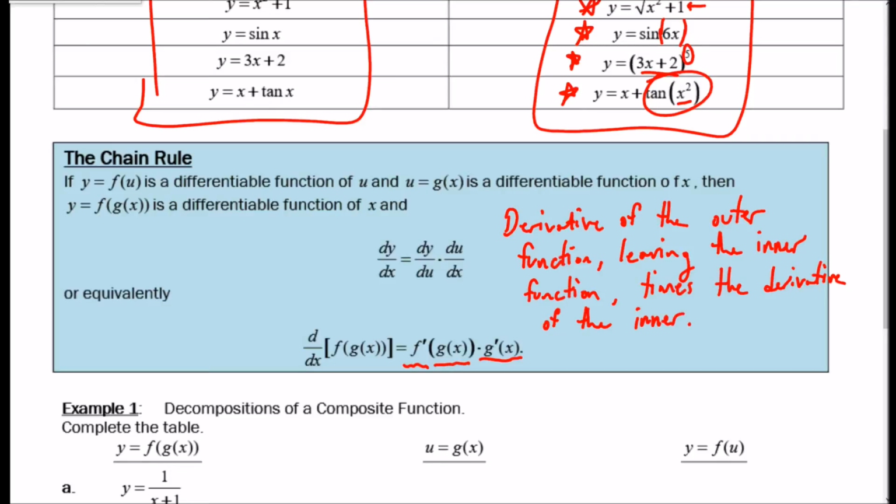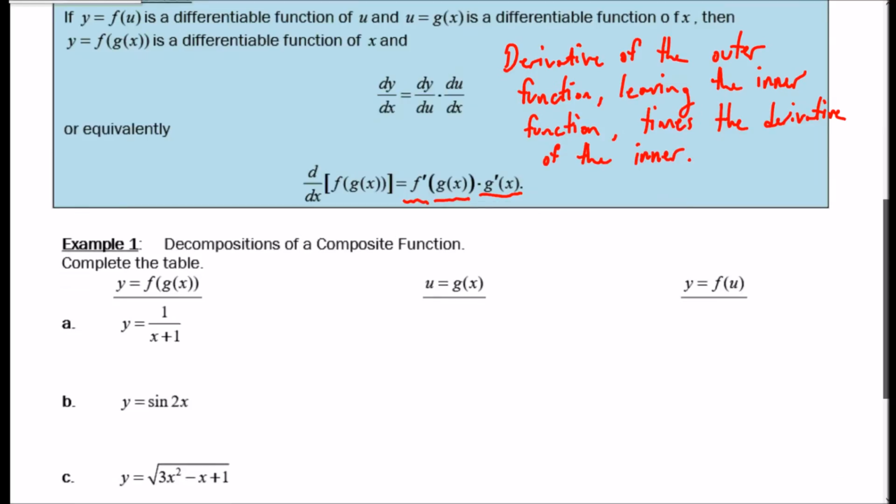A lot of times I'll refer to this inner function as blah. So the derivative of the outer, leaving the inner the same, times the derivative of the inner, will be the derivative of the outer with blah times d blah. So let's see how this works in some example problems.